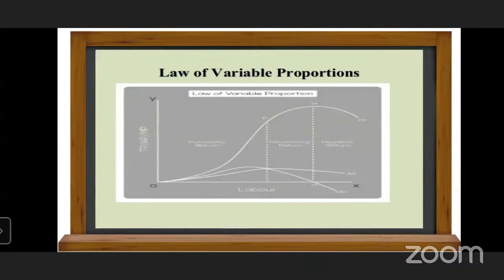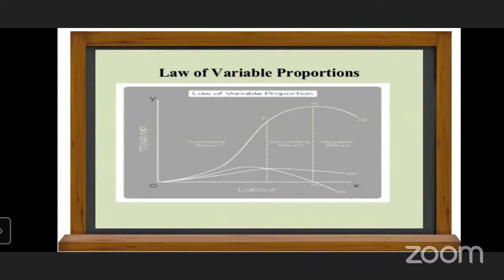Second, when MPP is highest, that point on TPP is called the point of inflection. There is one more point called the point of satiation. That is when MPP is 0, the point M which I have marked in the graph. The point where MPP is maximum is the point of inflection. Inflection means changing curvature.